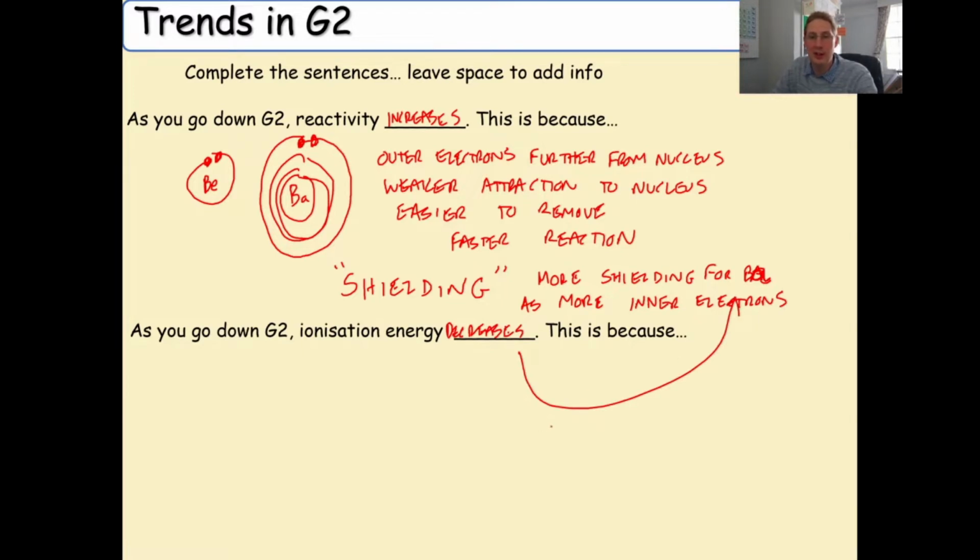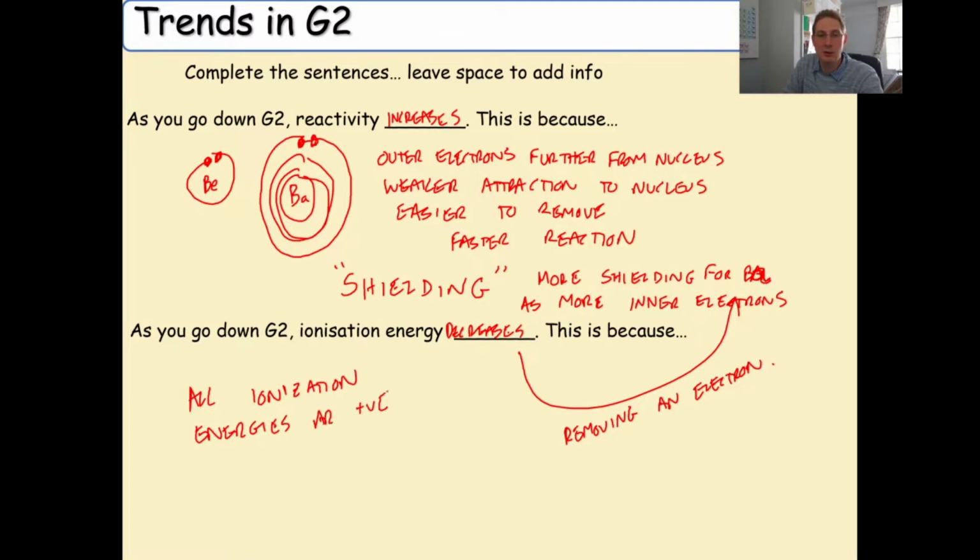Of course, ionisation is removing an electron. It's worth here refreshing your memory that all ionisation energies are positive, because it always takes energy to remove an electron.